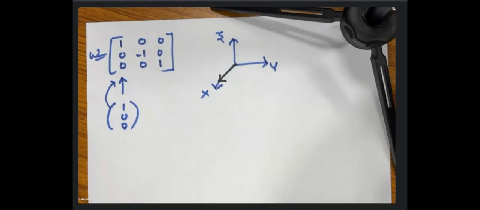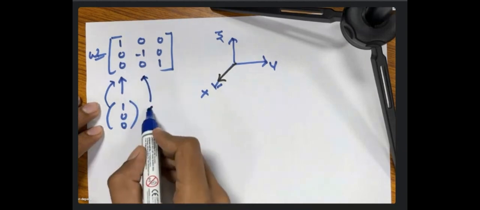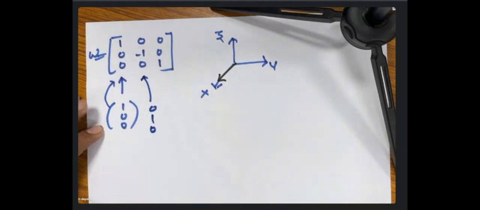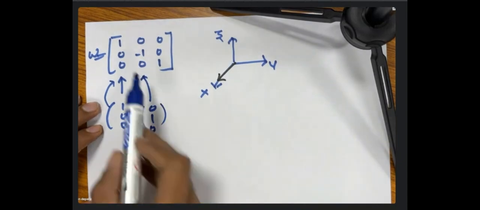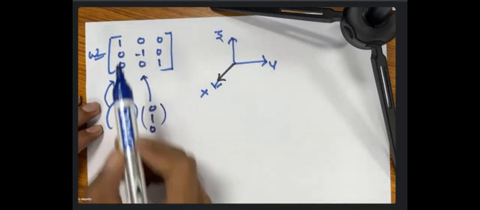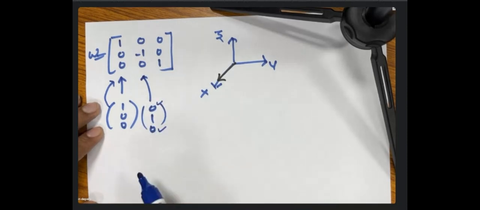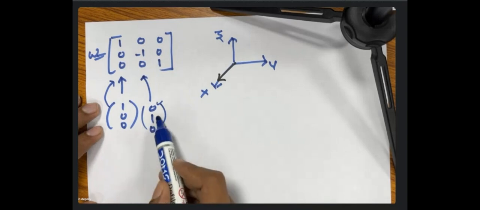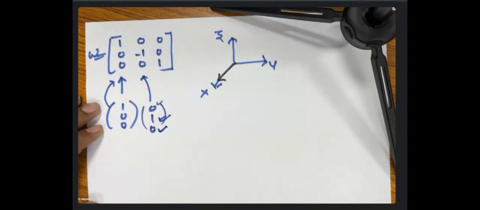While the second column is telling how that 010 is transformed. And we have seen that it has a negative. In the x direction it's not changed. Its z component is not changed, but in the y component has become just the negative of it.